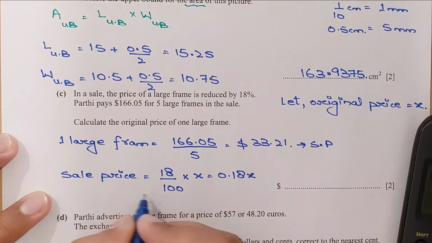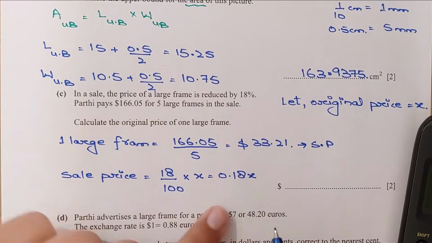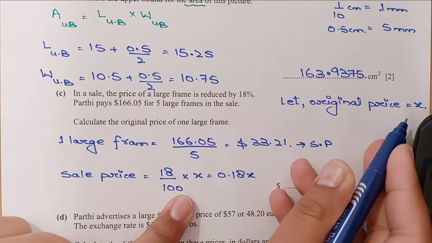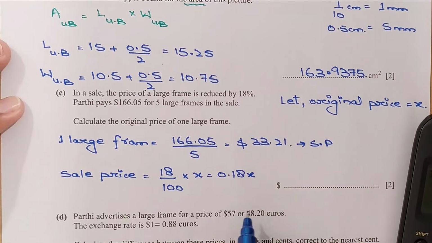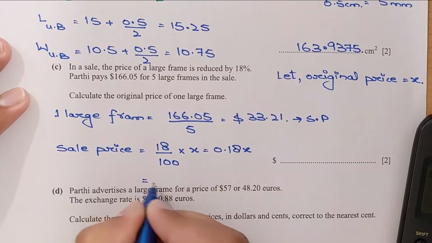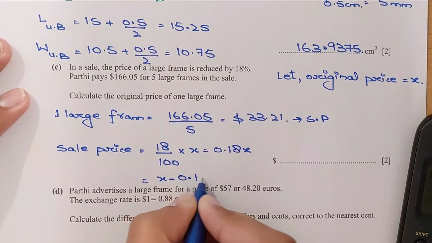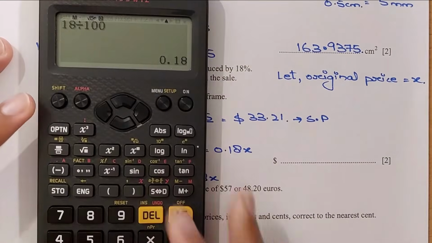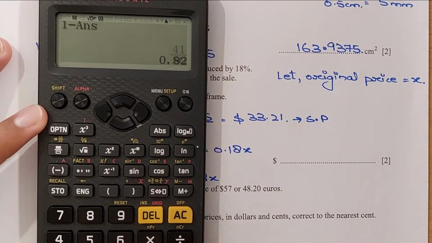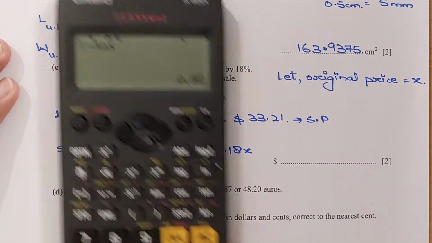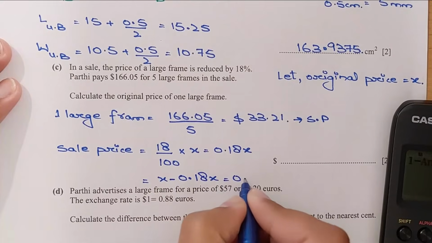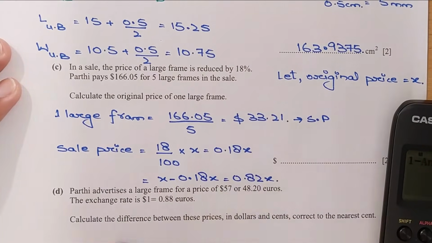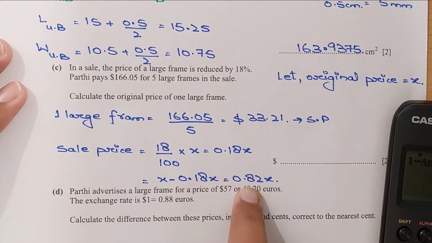This is reduced, so we subtract it from x. So x minus 0.18x, that is 1 minus 0.18, equals 0.82x. This is my sale price, right?